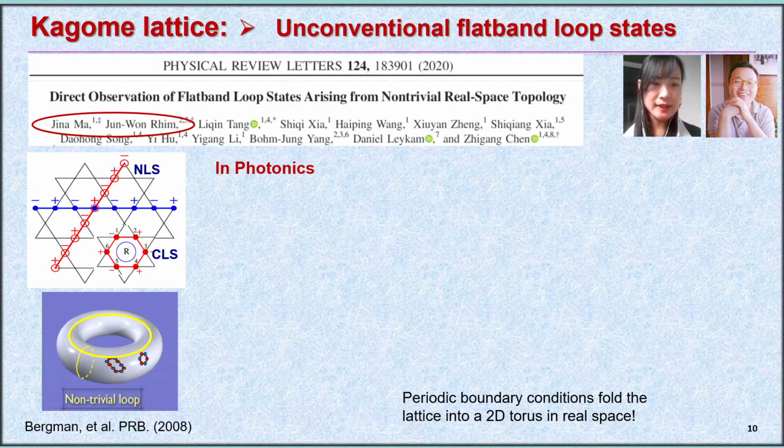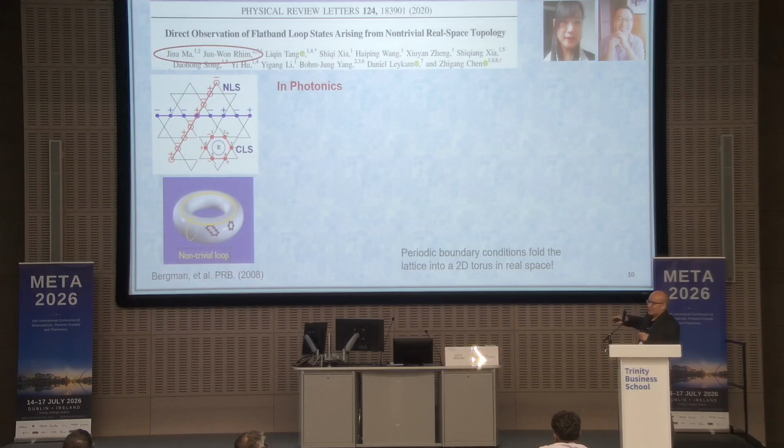Then if you take these compact localized states in a 2D structure and wrap around to become a torus, and you count the number of states, there are always states missing. The missing states are what is called the non-contractible loop states, in this direction or here. In the original Bergman paper this corresponds to an infinity line state, but you cannot easily fabricate a three-dimensional structure to realize this.